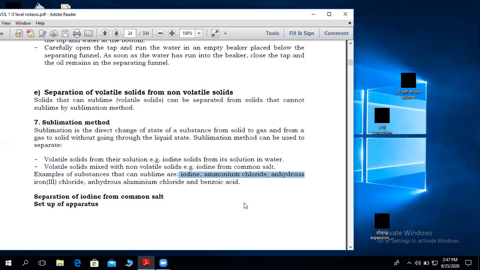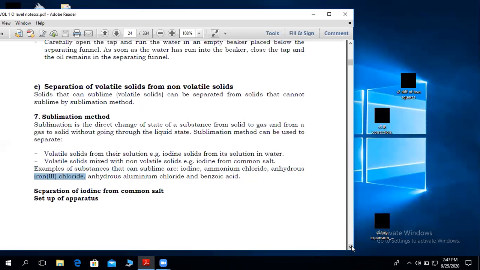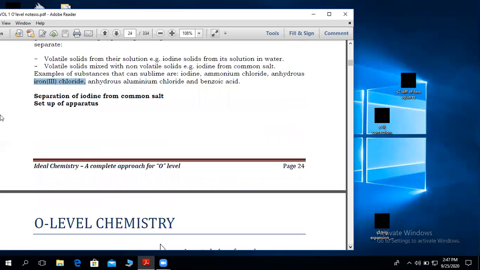Iodine, ammonium chloride, anhydrous iron 3 chloride, and aluminium chloride. Those are some examples of substances that can sublime. Meaning, if they are mixed with other solids, they can be separated by sublimation.